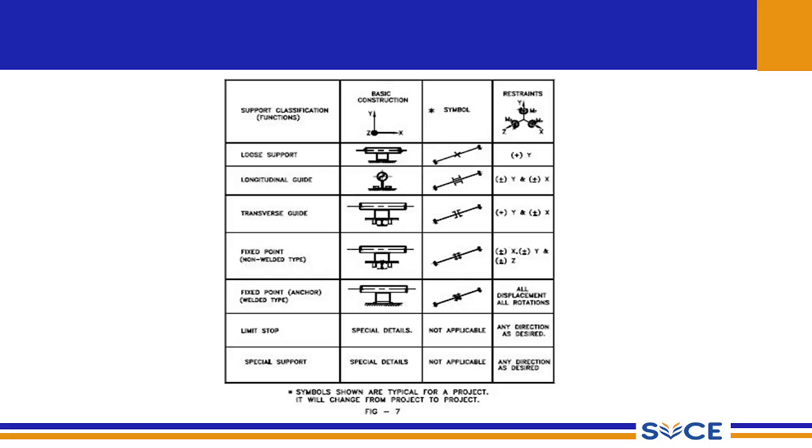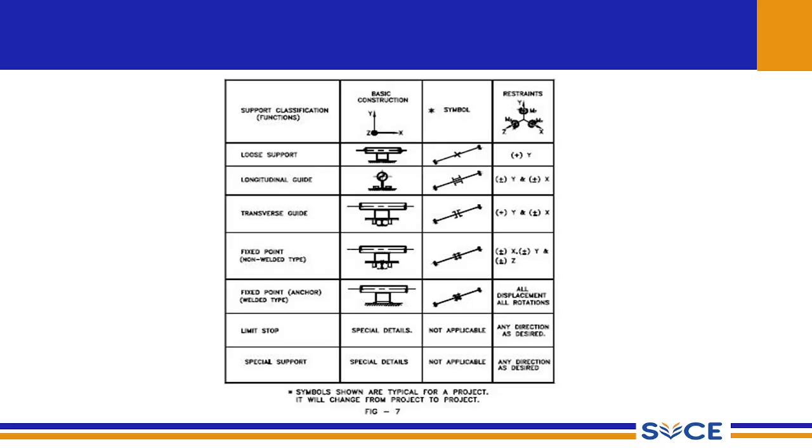So if you look at the orientation along the X, Y and Z direction, we can see that the pipeline is supported at 2 points, and it is a very loose support and it is not very rigid in nature. This support will prevent the movement along the Y direction, but it does not prevent the movement along the X direction and the Z direction. So the restraints are actually shown in the plus Y direction.